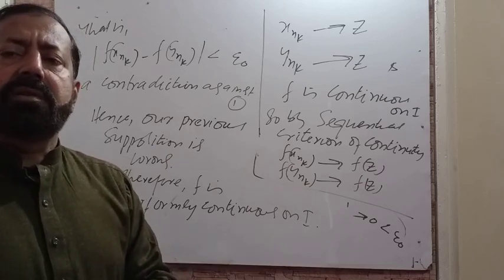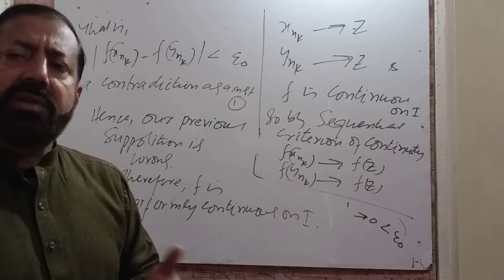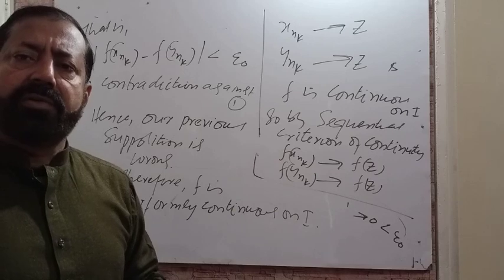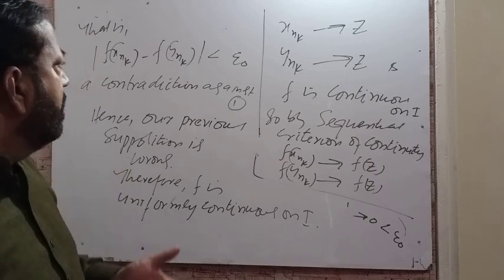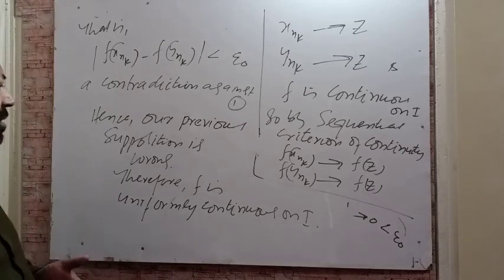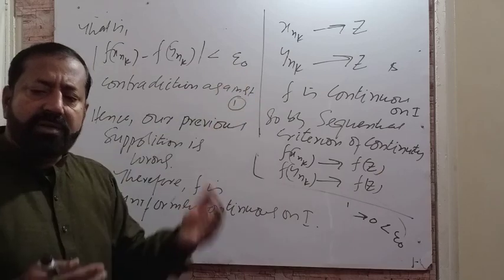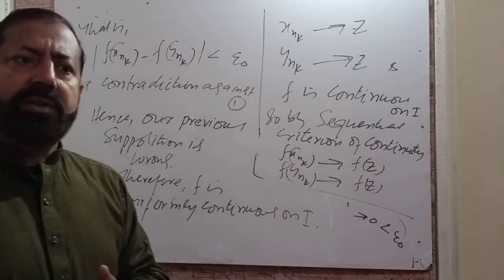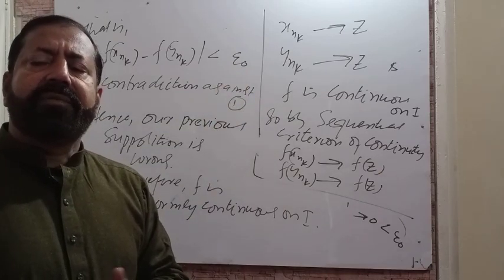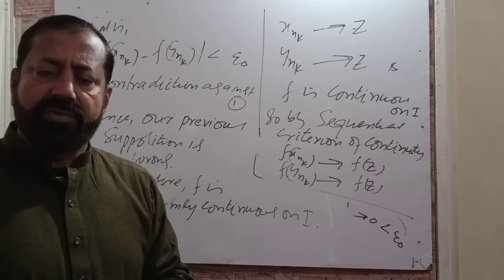Since f is continuous, by using the sequential criterion of continuity, this is so easy to establish, which would be a contradiction, as you have established this is less than epsilon, but this is against the supposition. Hence our previous supposition is wrong and f is uniformly continuous.